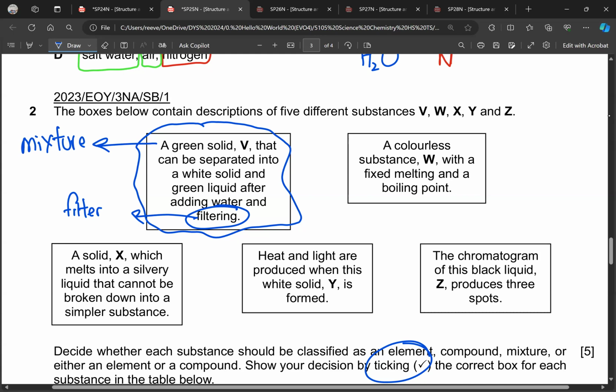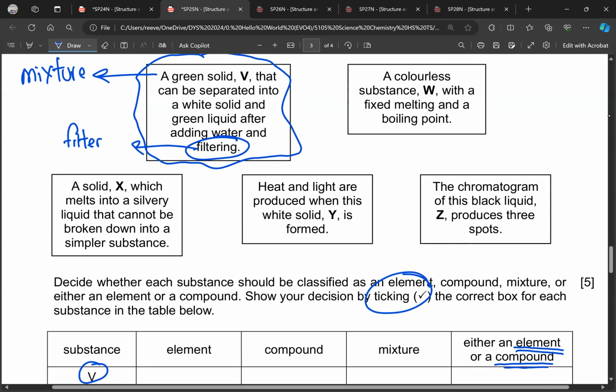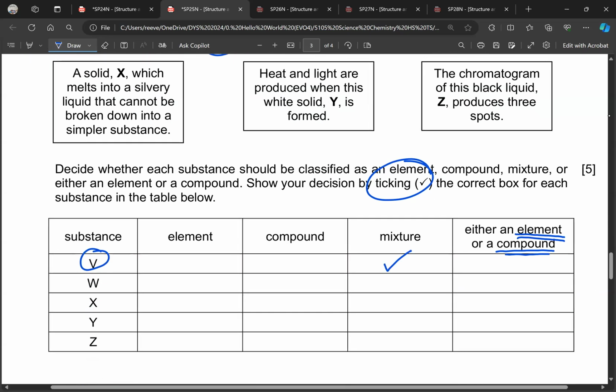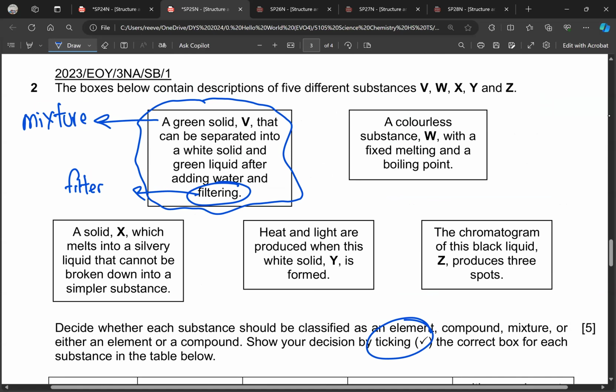Also mixture, you mix the solid and liquid. So now you can filter it, separate them. So V is a mixture. Okay, remember just now the SPCT, what was it? As separation. Mixture can be separated using physical methods such as filtration. Compound cannot, compound uses electricity.